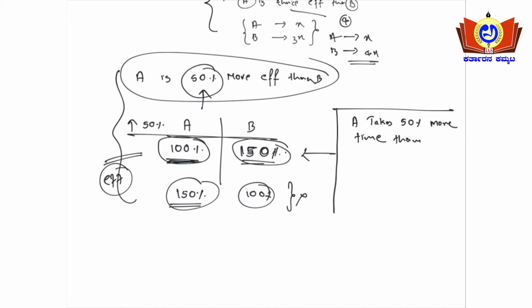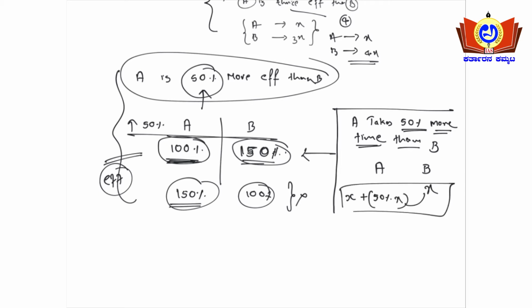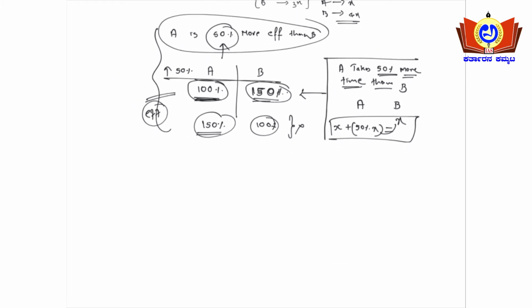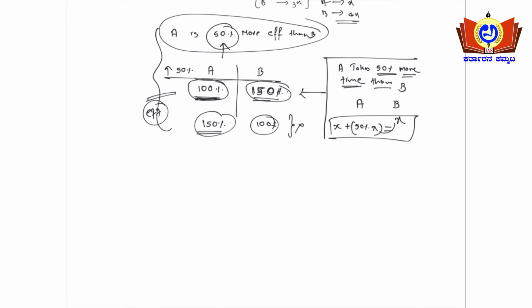Consider B is doing x amount of work; A takes 50% more time, that is x plus 50% of this x. Yes or no? This kind of substitution you need to be very cautious about. When you do the substitution clearly in the problems, only then will the problems be a cakewalk.